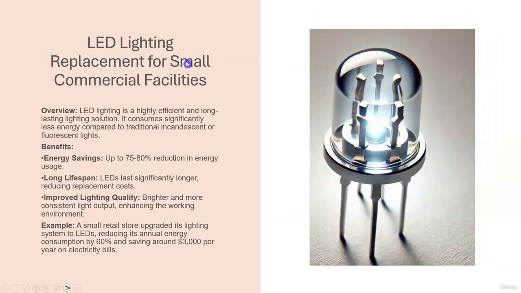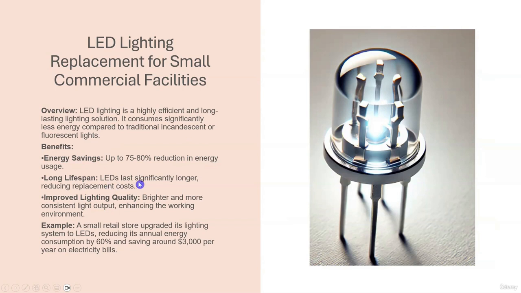LED lighting replacement for small commercial facilities. Overview. LED lighting is a highly efficient and long-lasting lighting solution. It consumes significantly less energy compared to traditional incandescent or fluorescent lights. Benefits: energy savings, up to 75 to 80% reduction in energy usage.